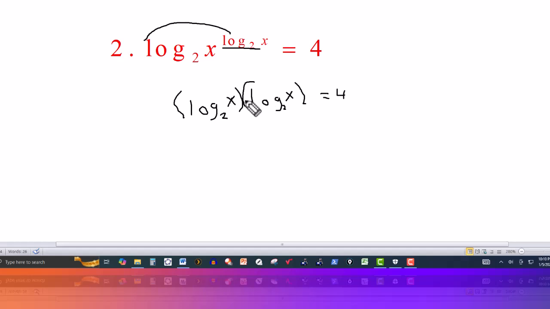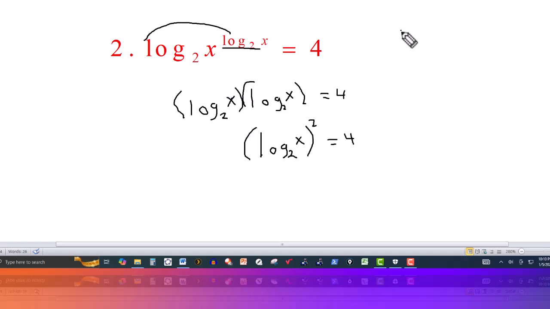So this times this gives me the log squared, log of x to base 2. You can put the square right here, that's one way to do it, or you can just put this in parentheses, put the square here, and that's equal to 4.